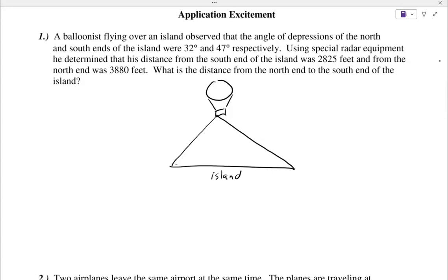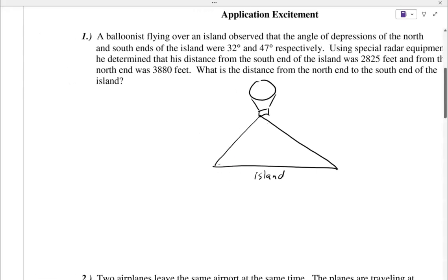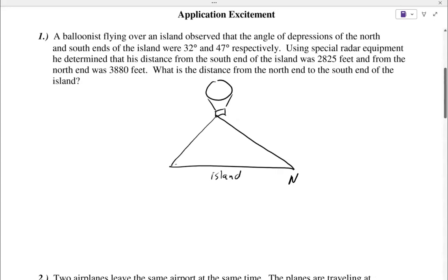It says the angle of depression to the north end is 32. So I'll make this my north end and this my south end. Just by the way, I've got my angles drawn here. It says the distance to the north end is 38.80. The distance to the south end is 28.25.